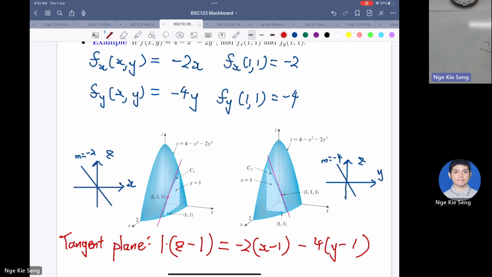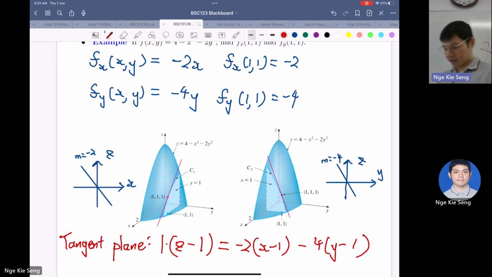Do I have to find the point simultaneously? No, you just find fx and fy, that's all. How do I know where the point is? Oh, you need to find the tangent plane at a given point.